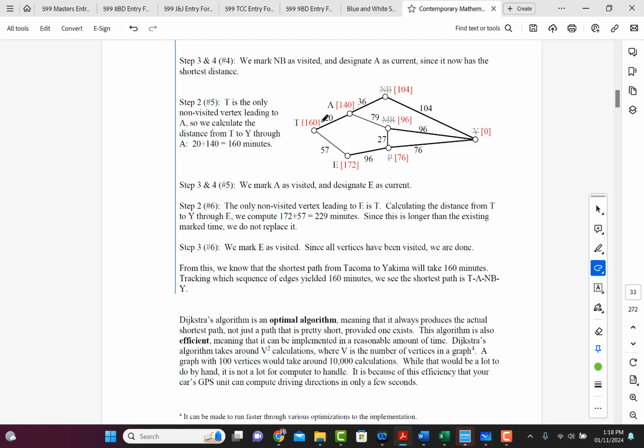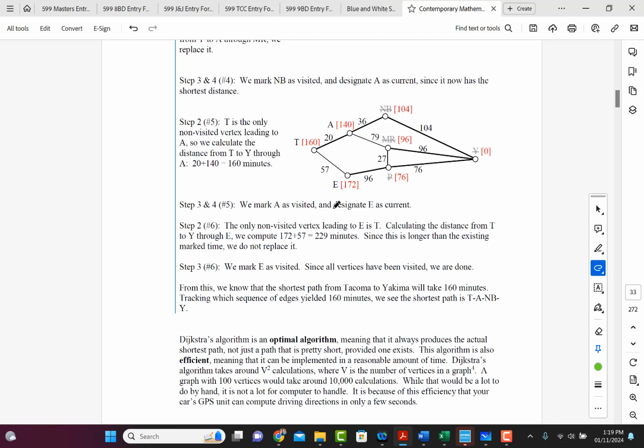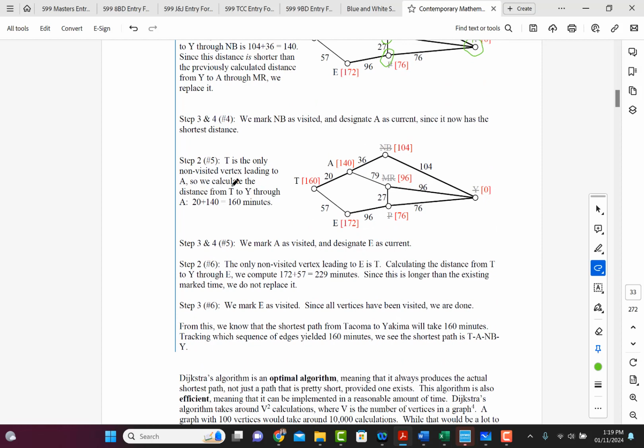Hold on a second. I'm sorry, I got confused there, I was looking at E. So we marked A as visited, and then we choose the smaller of the two. Hold on, something's not looking right here.